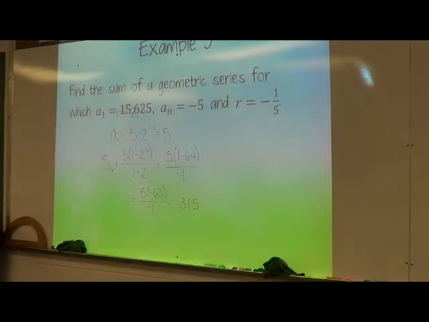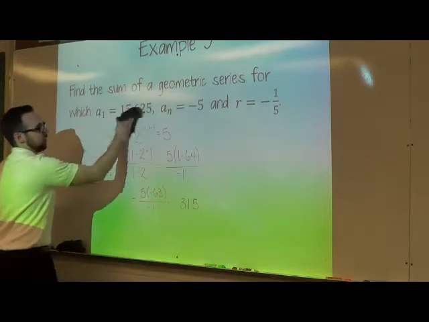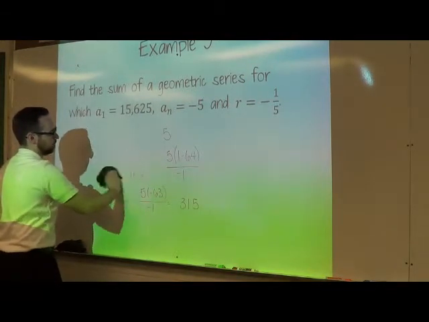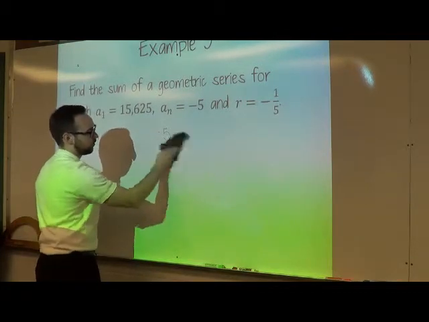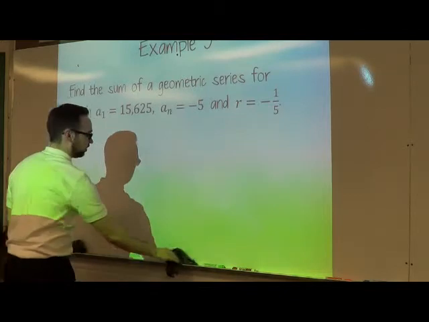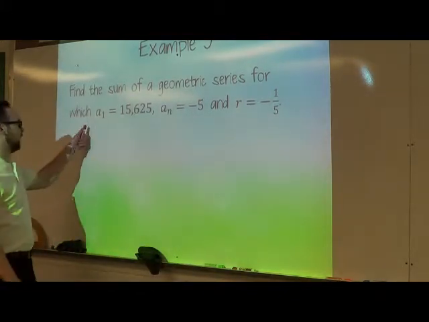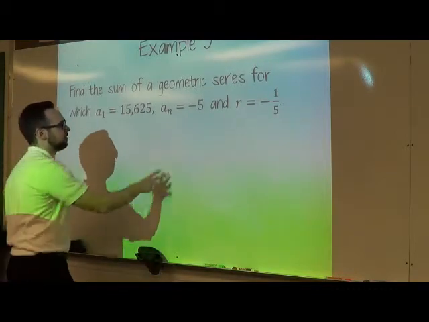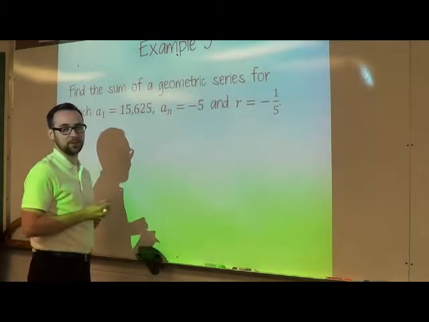Alright, so they want us to now find, same idea, but this time they give us an a sub n, and we have to find out what term that is so that we can figure out what's going on here. So just find the sum of a geometric series for which a sub 1 is 15,625, a sub n is negative 5. So really what we have to do is figure out what term that is so I can find the sum.